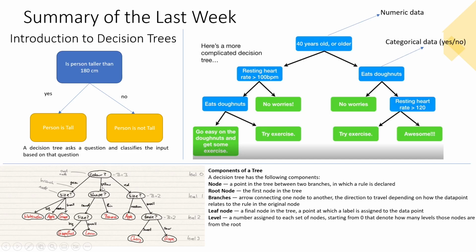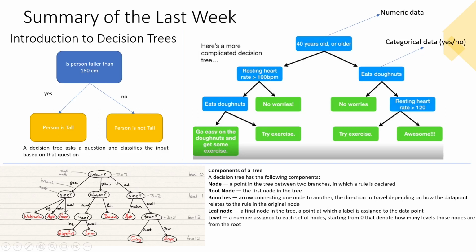And we have seen some definitions for the tree. We said that all these blobs are called nodes, and the one at the very top is called the root node, and all these lines are called branches, and the last nodes, or the nodes in red, are called leaves, decision leaves.